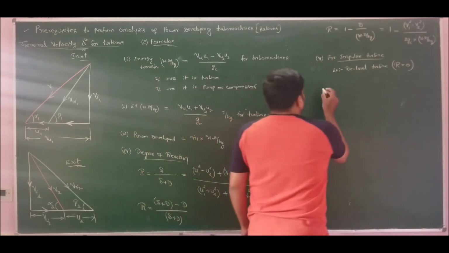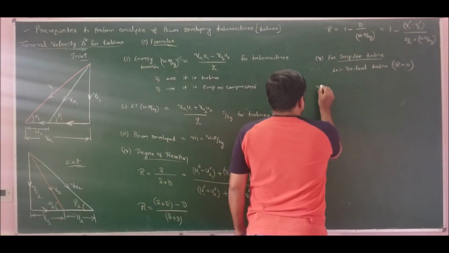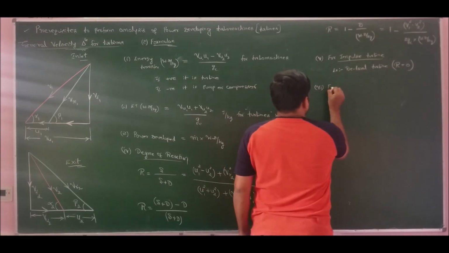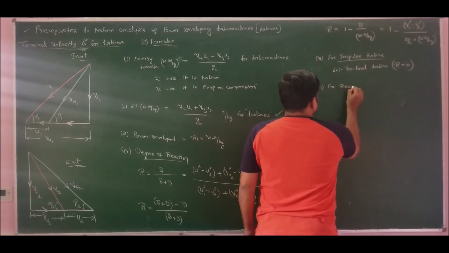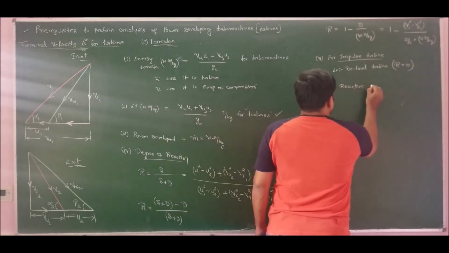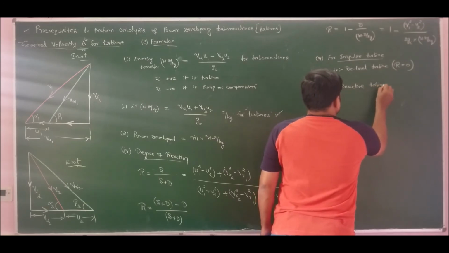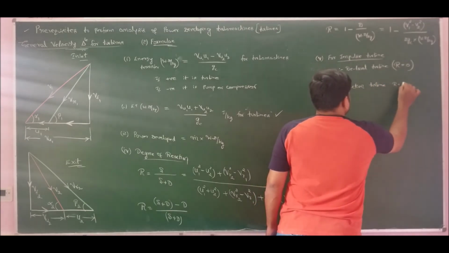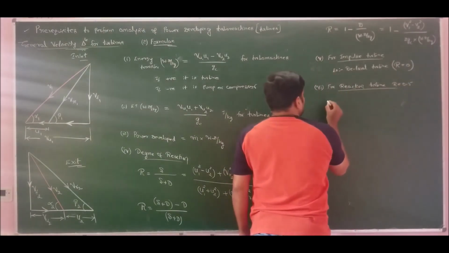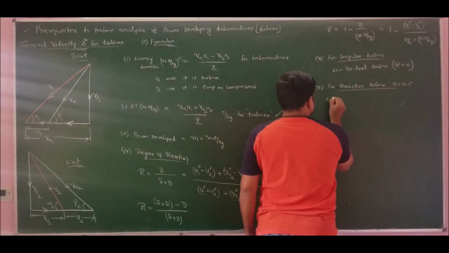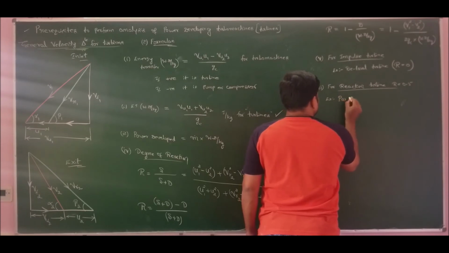Next, moving to case 6, that is for reaction turbines, that is for R is equal to 0.5. A good example is the Parsons steam turbine.